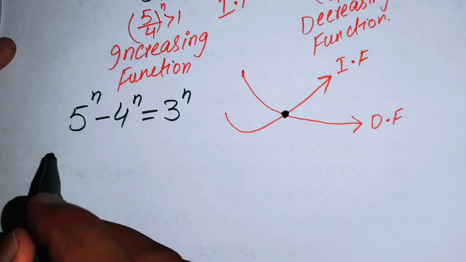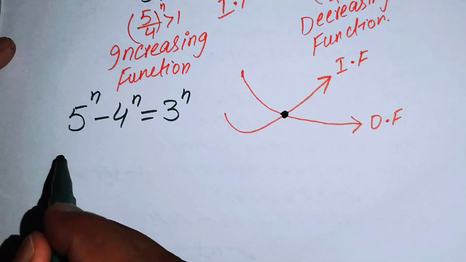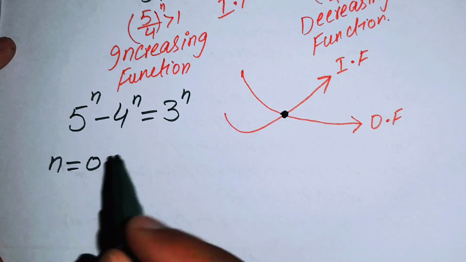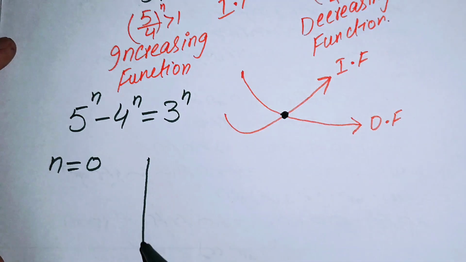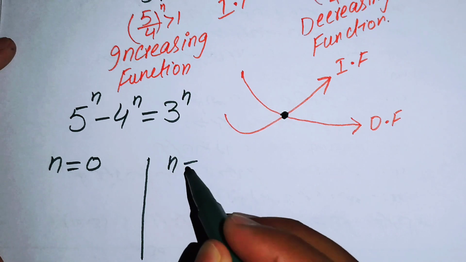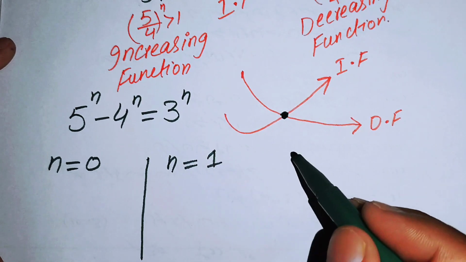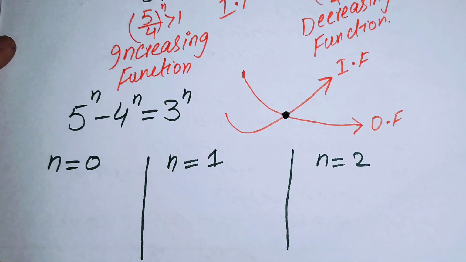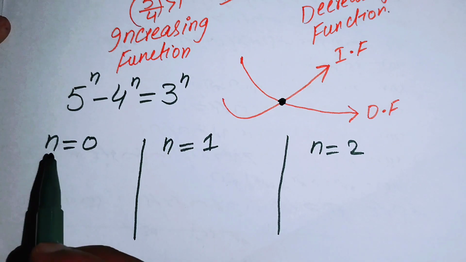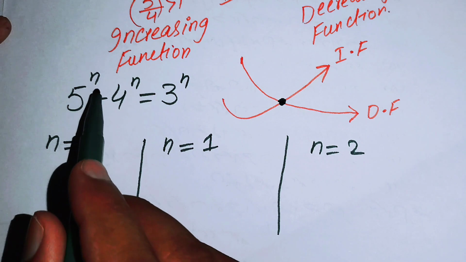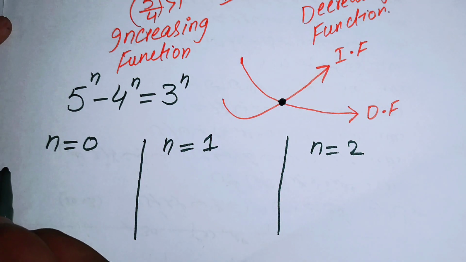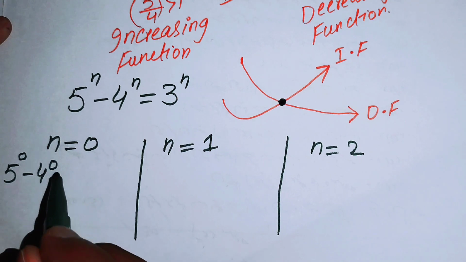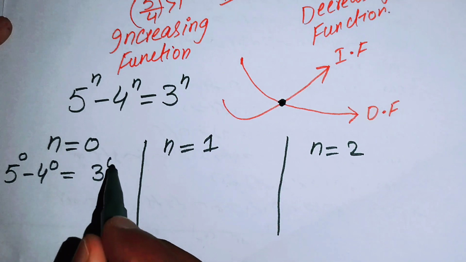Now I can check the values of n by inspection. First I check n is equal to 0, after that n is equal to 1, and after that n is equal to 2. When you put n is equal to 0 in this question statement, you get 5 to the power of 0 minus 4 to the power of 0 is equal to 3 to the power of 0.